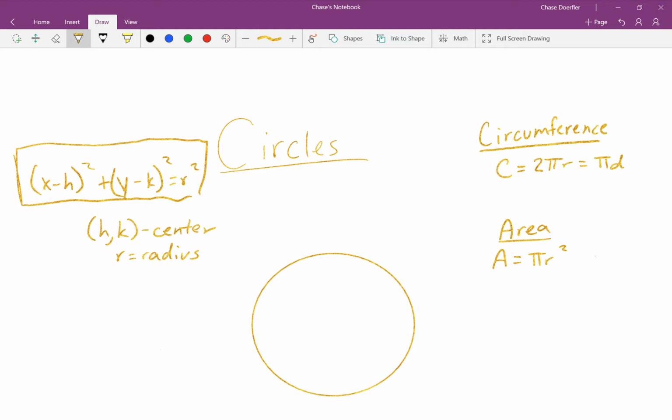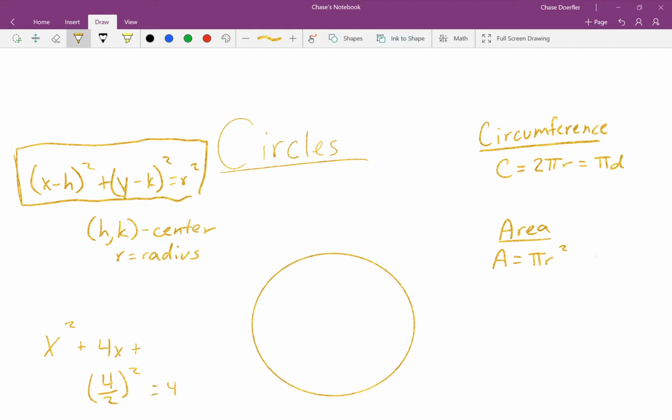And there is a way to get to this form by completing the square. If you have a value like 4x after the x squared, like x squared plus 4x would be the first part, you would have to do 4 divided by 2 and then square it. So that would equal 4.